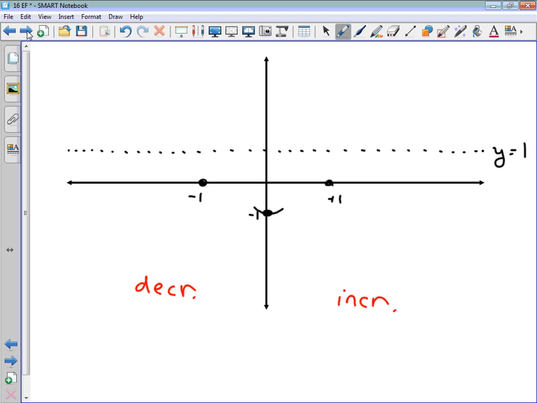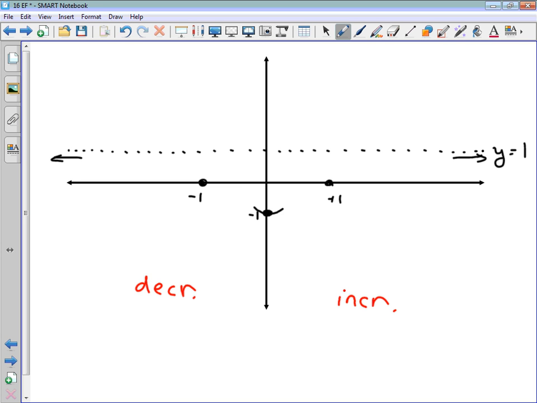That makes sense, because if it's got to approach this horizontal asymptote here, it starts here and ends up going down like this. And if it's going to approach this horizontal asymptote over here, it can start coming up here and head along like that. So at this point, we can visualize what this graph is going to look like.